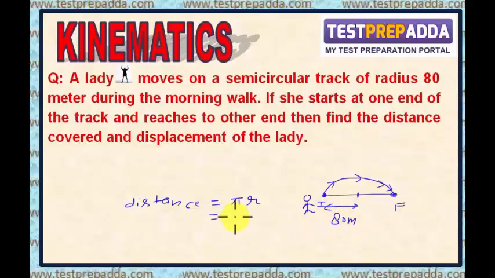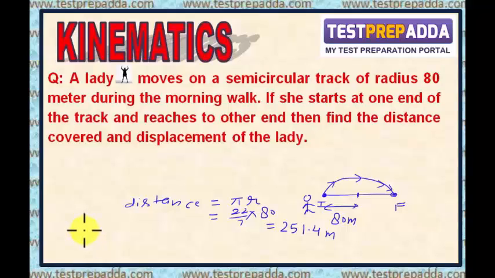So I can substitute here pi as 22 by 7 and r as 80. So the value will come as 251.4 meter. Now what about displacement?